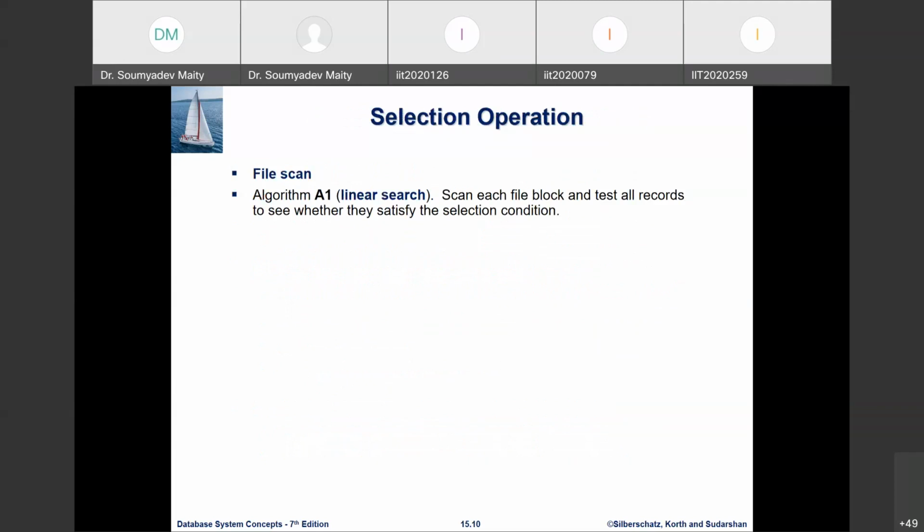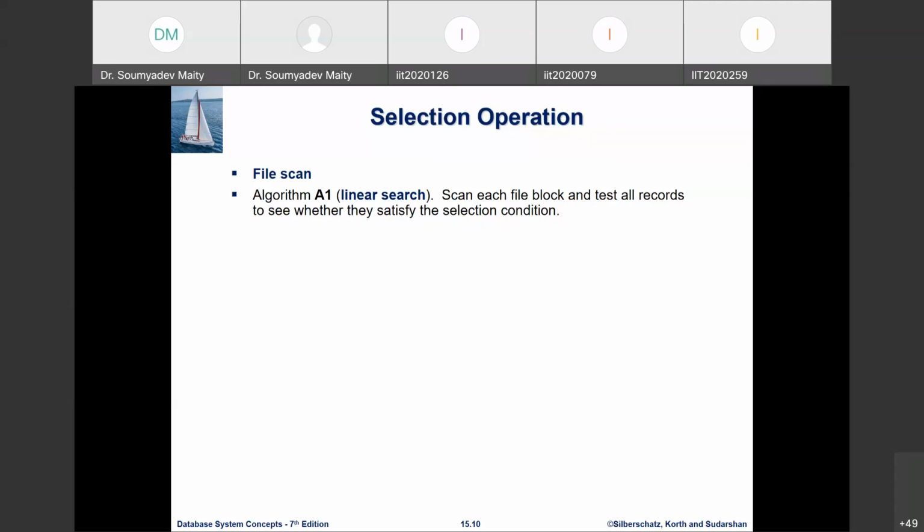Now we'll see some of the basic operations. As I said, there are multiple algorithms available to implement basic operations: selection, projection, join, etc. What are those algorithms? In order to get a flavor of what I explained so far, I'll give you some examples of algorithms which can be used to implement the same operation.